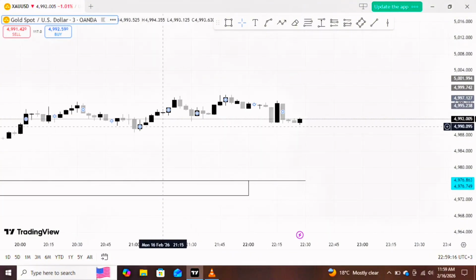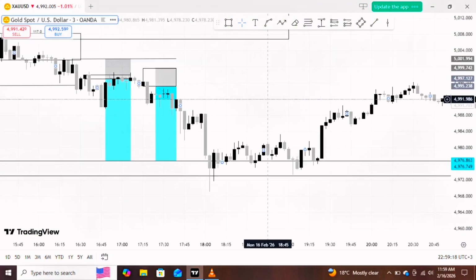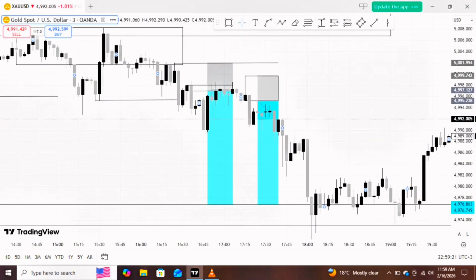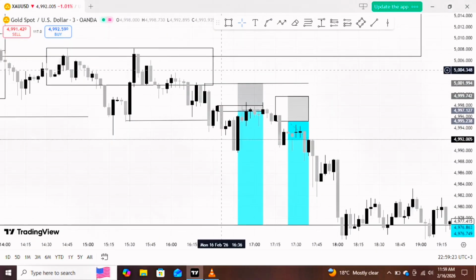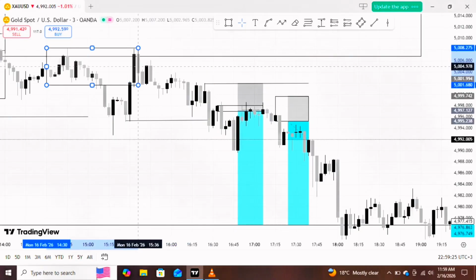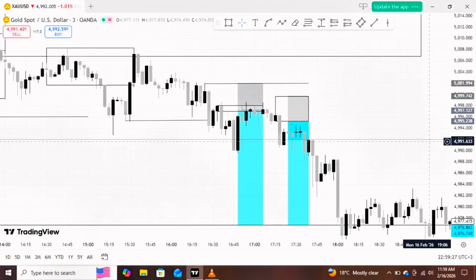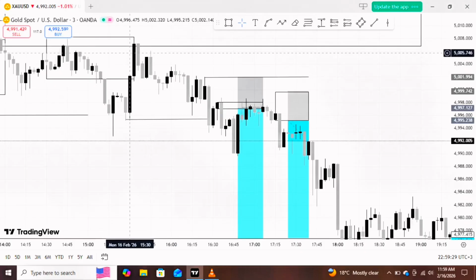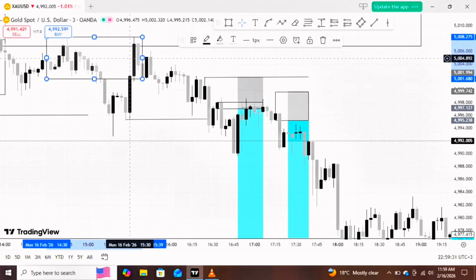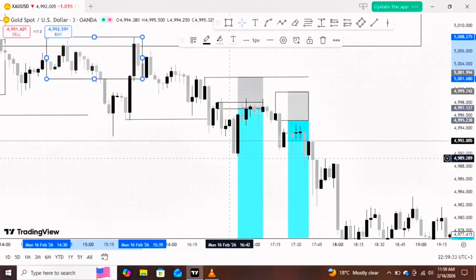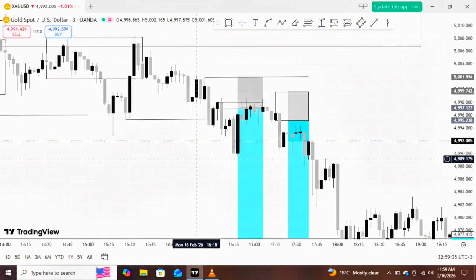So let me show you the last part of this trade. This is the 30-minute order block. Once the market taps this 30-minute order block, the market changes direction. But let me show you something that is more important for you.